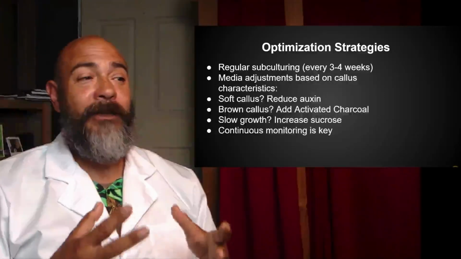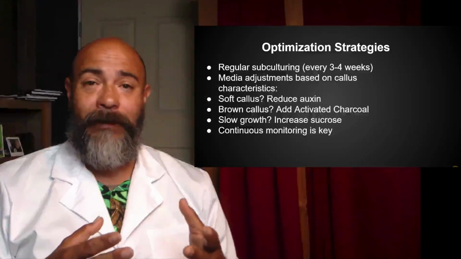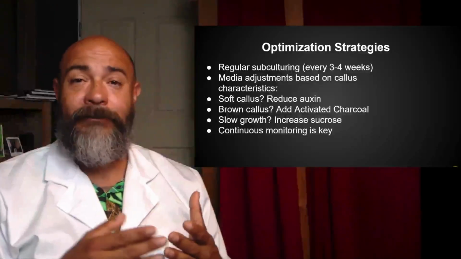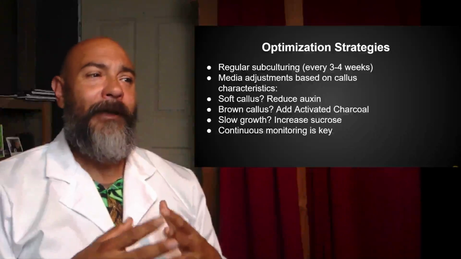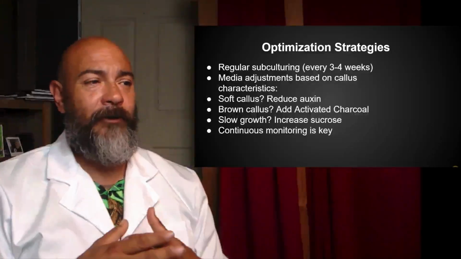The media adjustments are based on the type of callus material that you're wanting to create, whether it be compact or friable, or if you want to get a little faster growth or slow the growth rate down. That's where you would adjust your media each time you go to subculture.